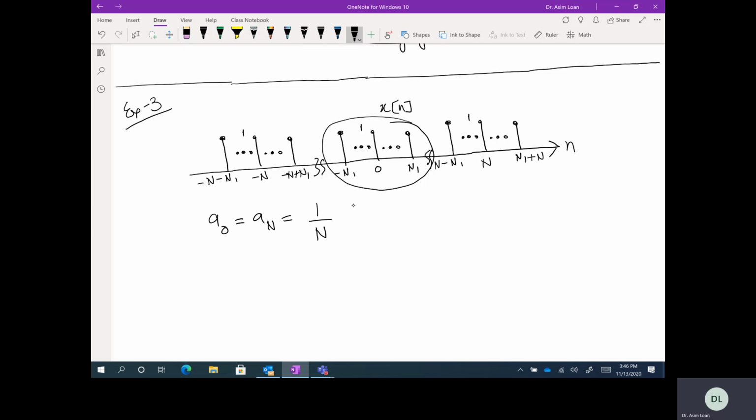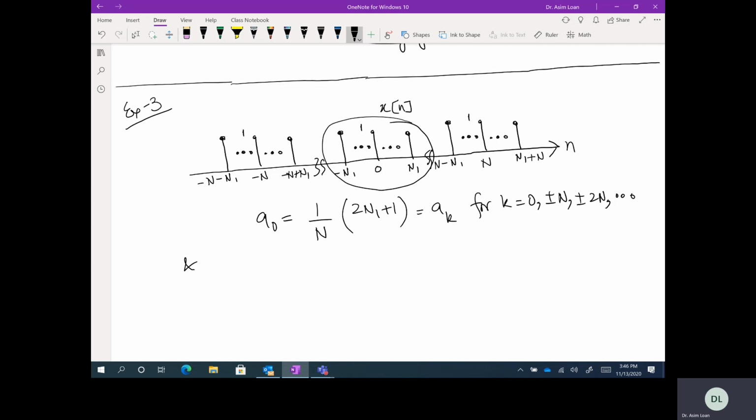How many are there? These are 2n1 plus 1. So this is my average value, and this is equal to a_k for k equals 0, plus minus N, plus minus 2N, and so on and so forth, right?